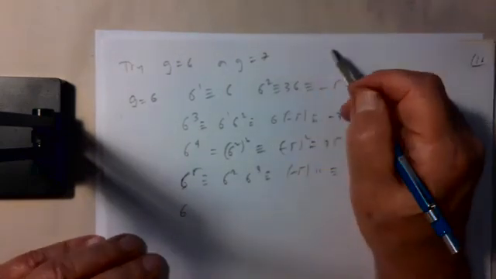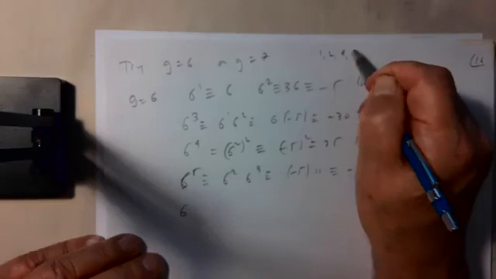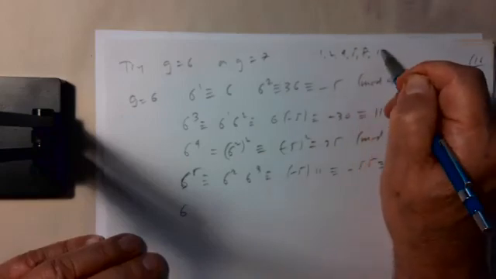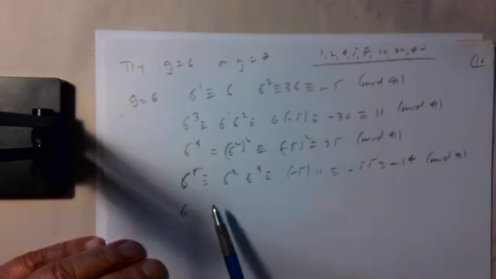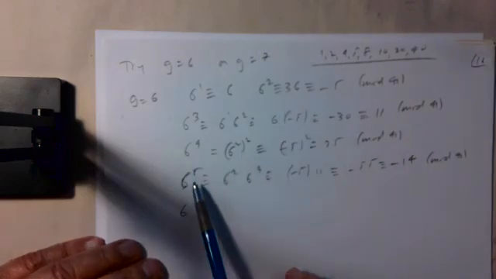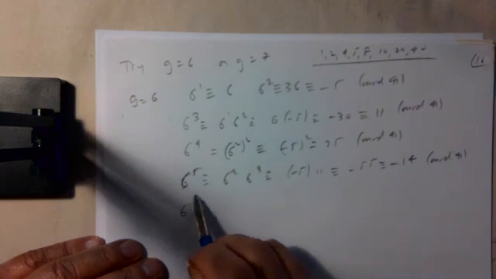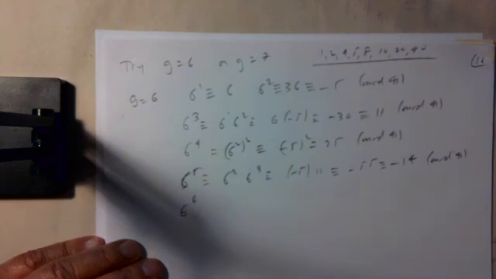Remember, I have to try the exponents 1, 2, 4, 5, 8, 10, 20, and 40. Those are the possible orders. So I can see 1, 2, 4, and 5 don't work. 6 to the 8th.